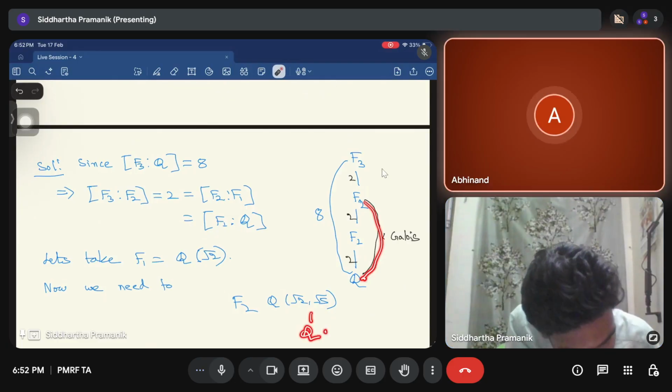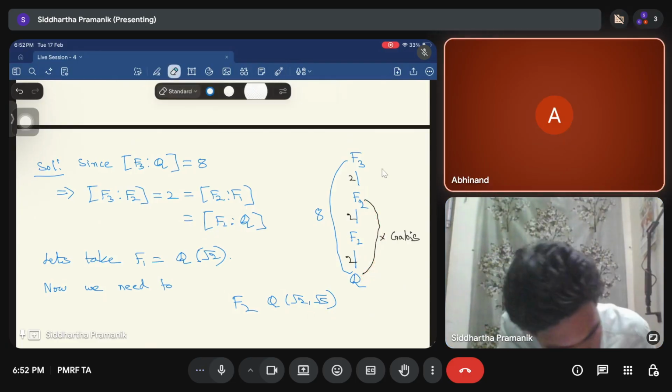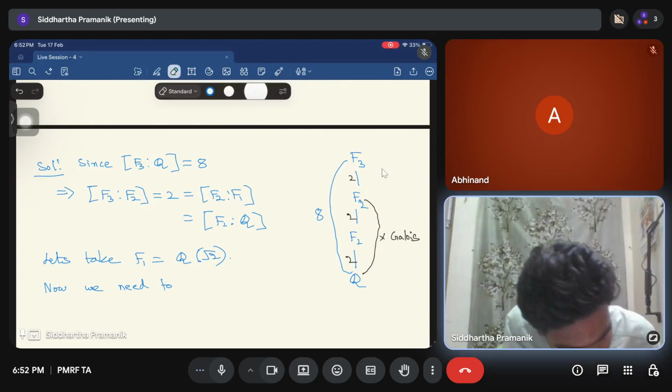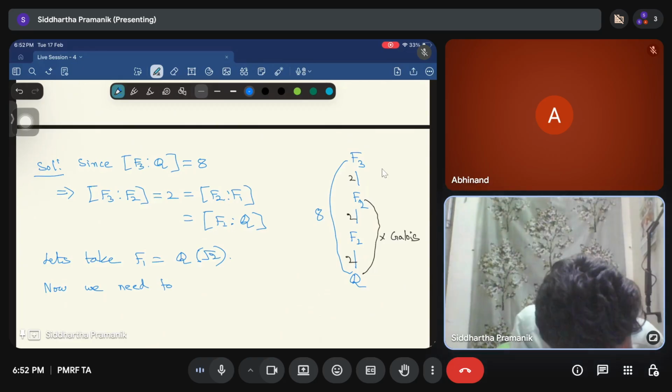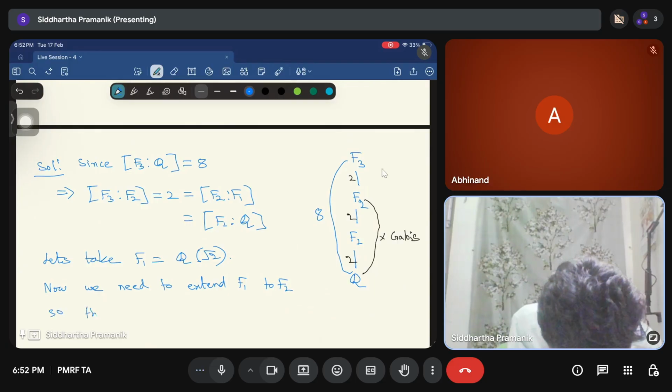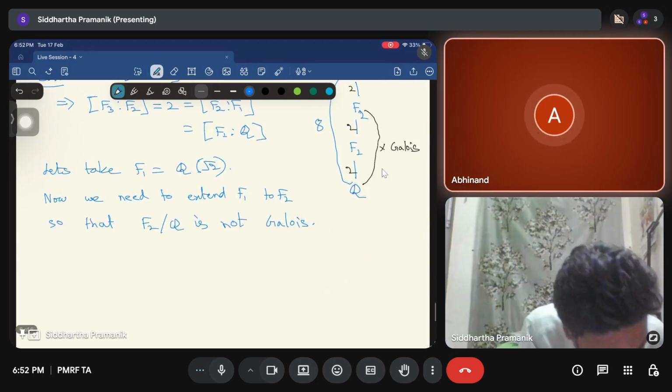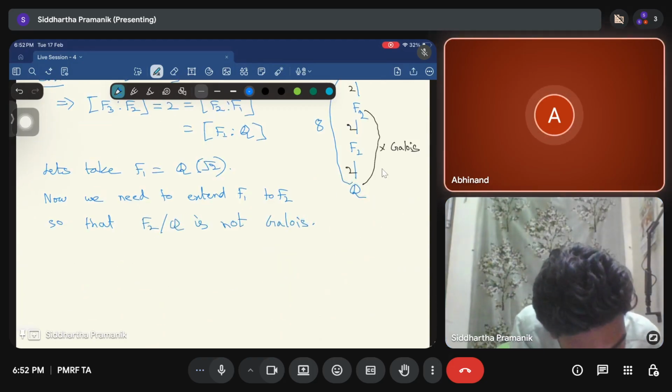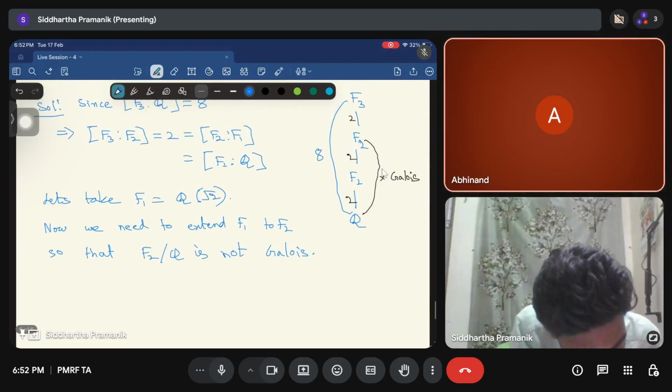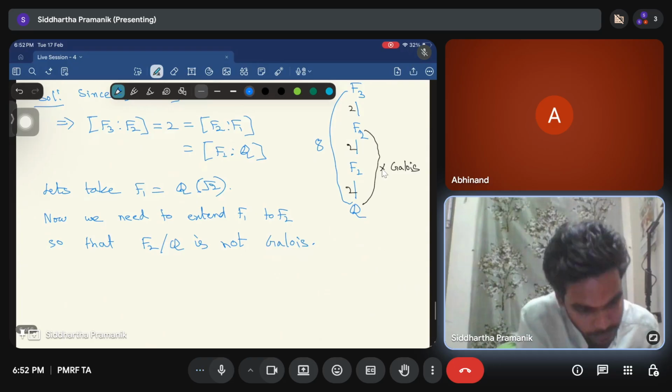No, so we need to be careful. So now we need to extend F1 to F2 so that F2 over Q is not Galois. Sir, what if we take another root of 2 instead of square root?